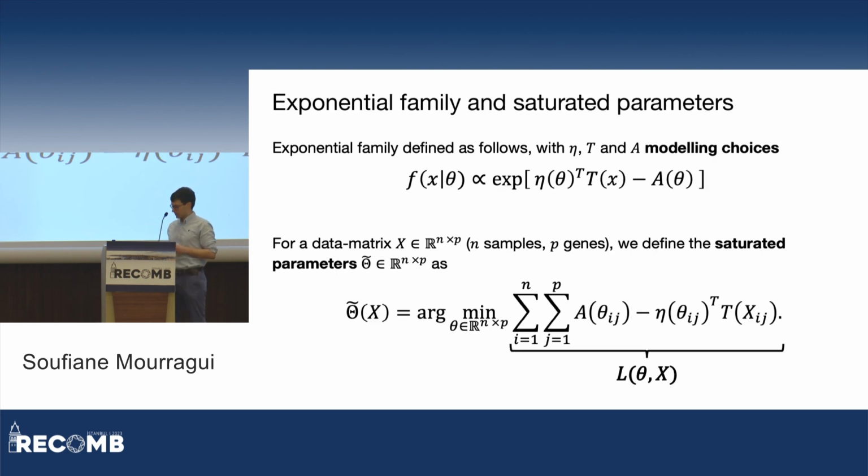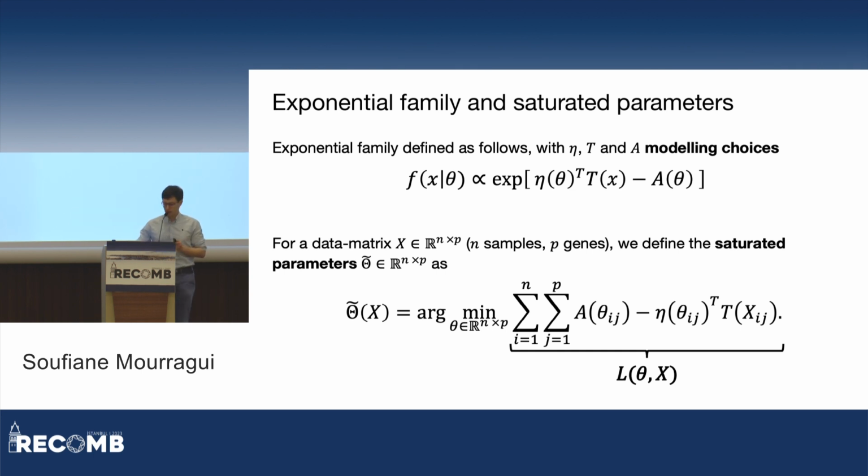And we define basically the saturated parameter as the single parameter maximum likelihood estimate. So basically for each sample point, we find the theta that maximizes this quantity here. And this here defines basically the negative log likelihood, which we try to minimize. So just minus this quantity here.